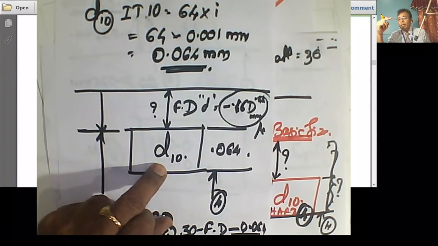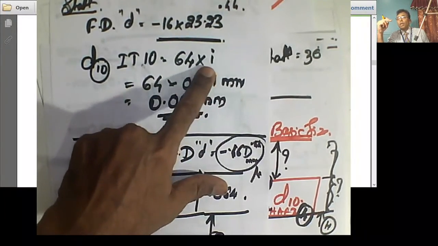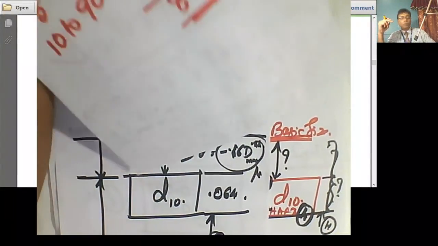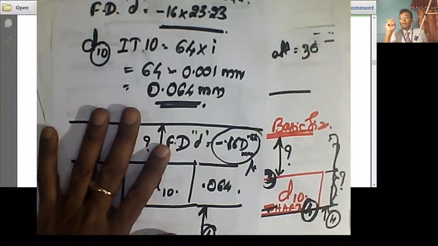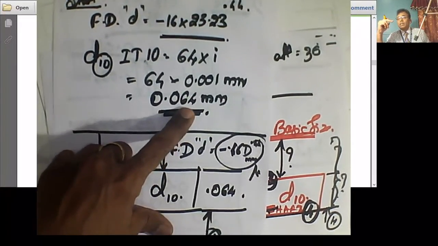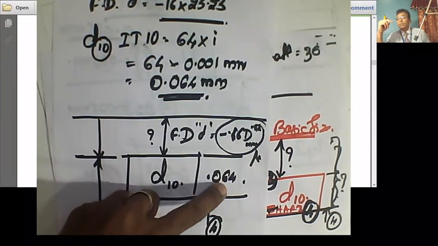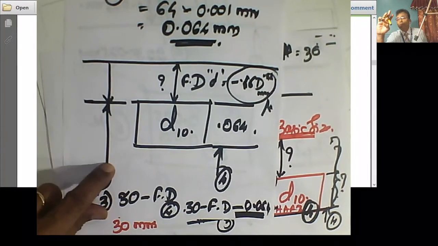Next, D10 means IT10 tolerance. IT10 is given as 64i. It is given in the numerical. You don't have to remember it. It's already given in the problem. Find out how much is 64i. That is 64 microns. Write it here, 64. Now, remaining, we need to find out the maximum size of the shaft.